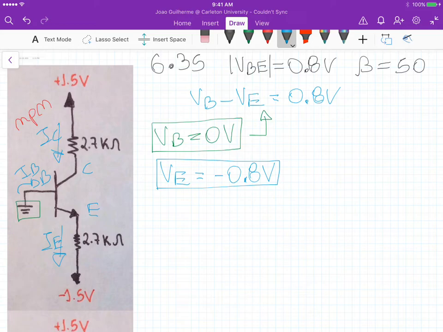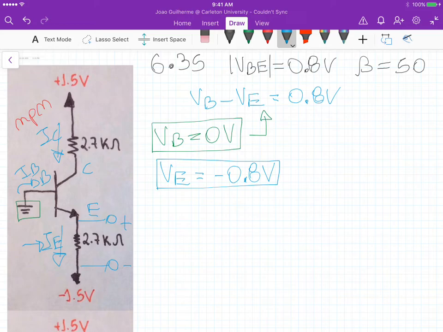Because if we look at the emitter terminal here, we know VE is this voltage here, and we know this potential here. It's minus 1.5. So this potential difference here, we are able to calculate. And if we know that potential difference, we can calculate IE.